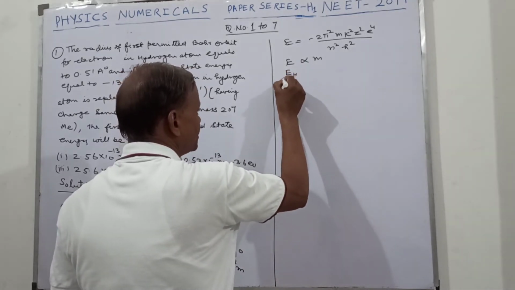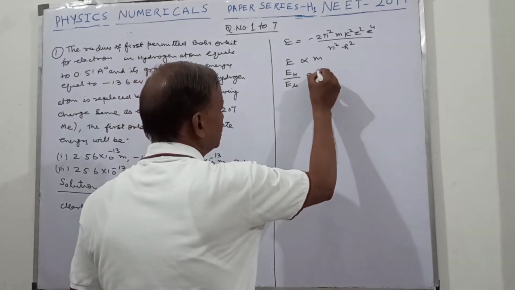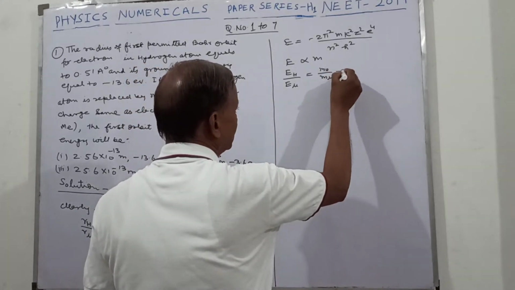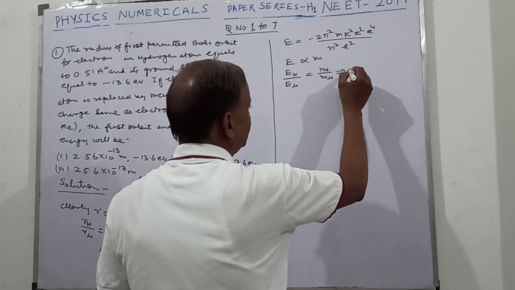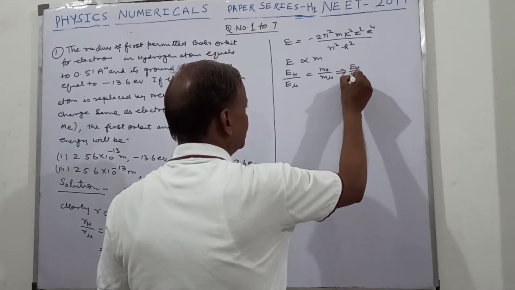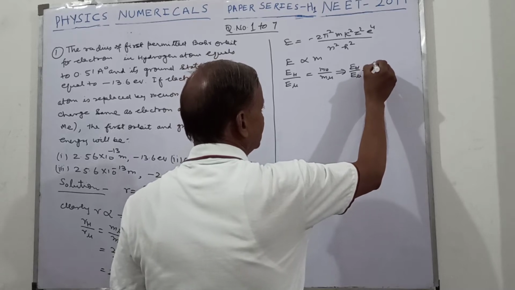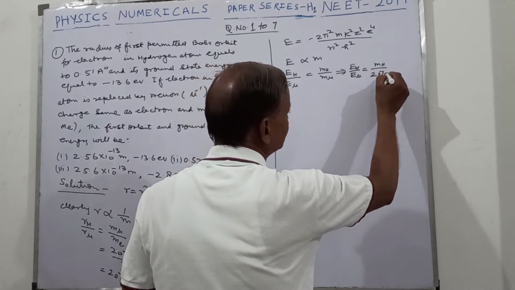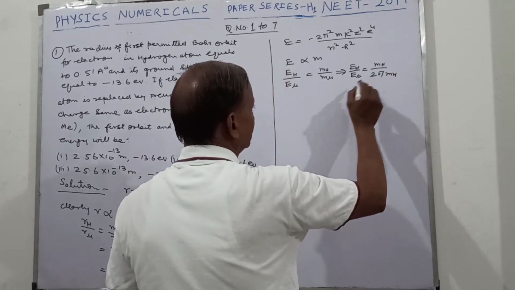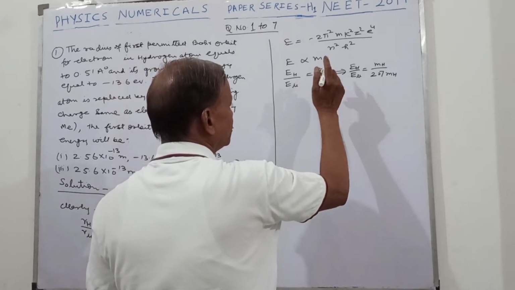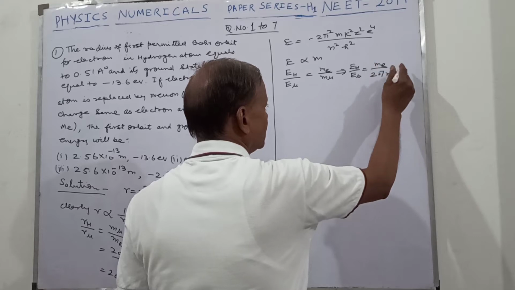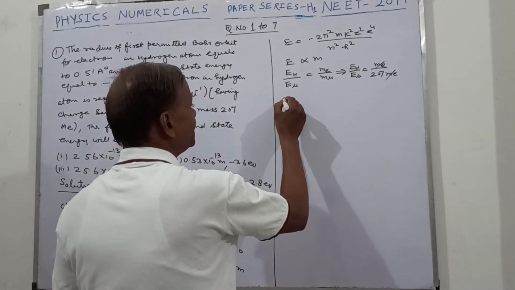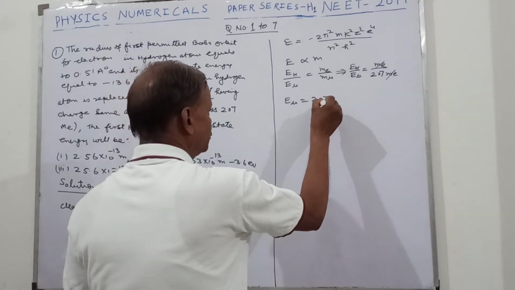So E_H upon E_mu equals m_H upon m_mu, which is equal to 207 into E_mu, where m_H is the mass of the electron, m_e, and this will cancel. So you can have E_mu equal to 207.